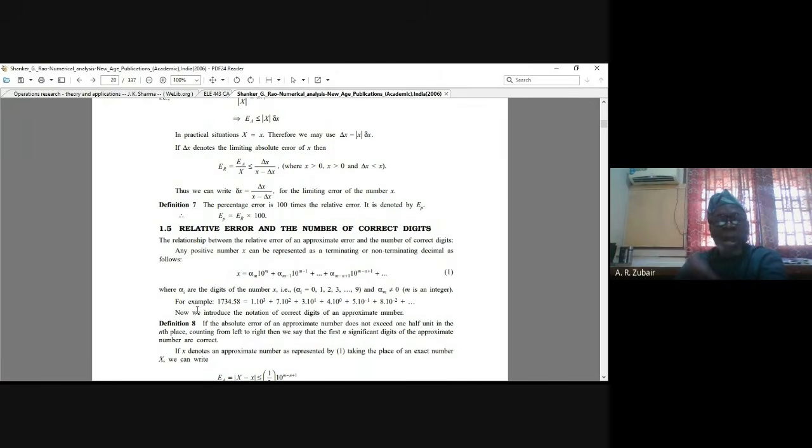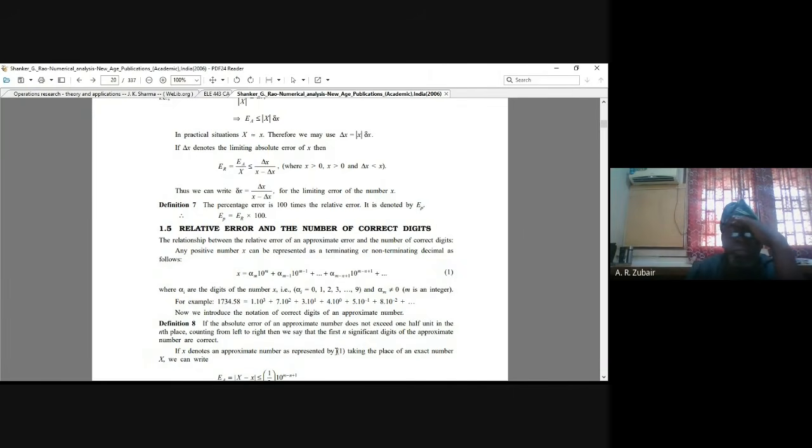For example, 1734.58 is going to be equal to 1 times 10 raised to power 3, plus 7 times 10 raised to power 2, plus 3 times 10 raised to power 1, plus 4 times 10 raised to power 0, plus 5 times 10 raised to power minus 1, because there's a decimal point there, plus 8 times 10 raised to power minus 2, and that will continue.